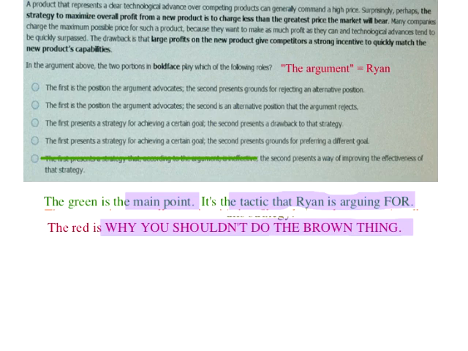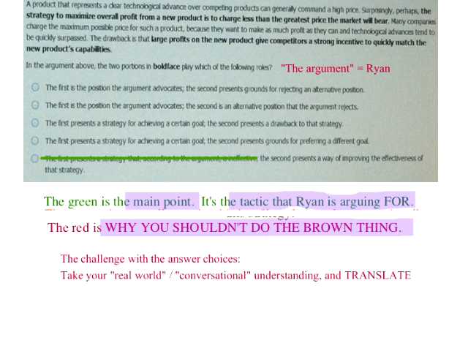So the challenge with the answer choices is you have to take your real world normal person, conversational understanding, and translate it back into weird terminology that is divorced from conversation.